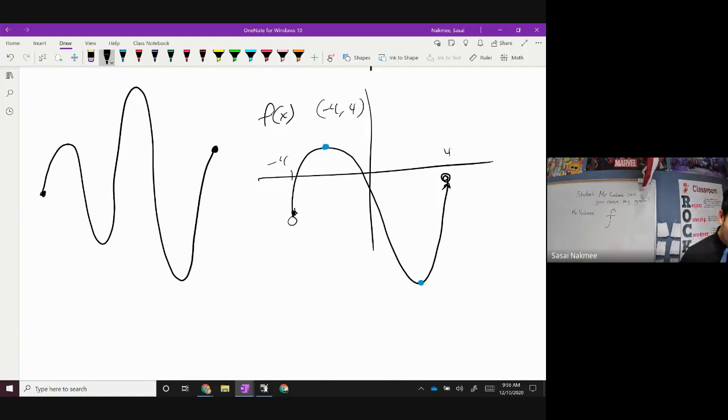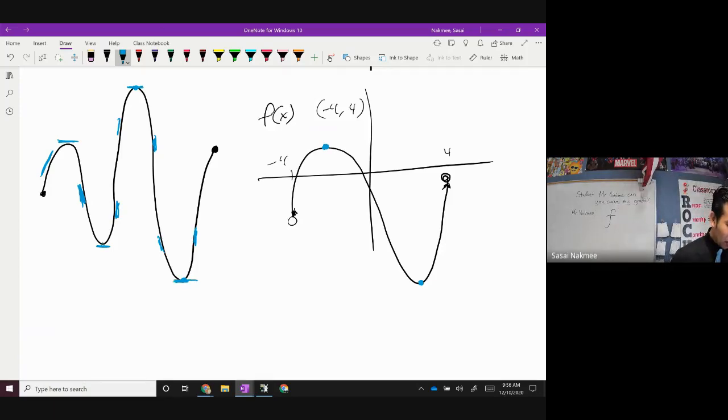Can you imagine a tangent line working its way across this graph? We have negative tangent lines here, positive tangent lines here, and so on. At the points that might be the maximum and the minimum, those tangent lines have a slope equal to 0, don't they? Do you guys see that?